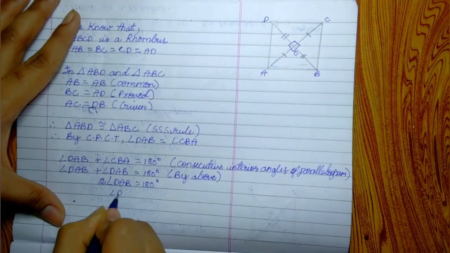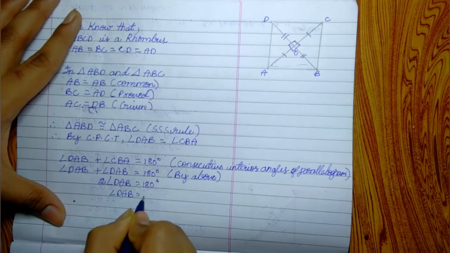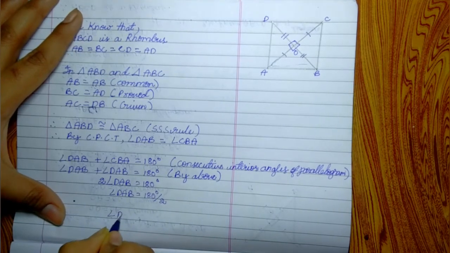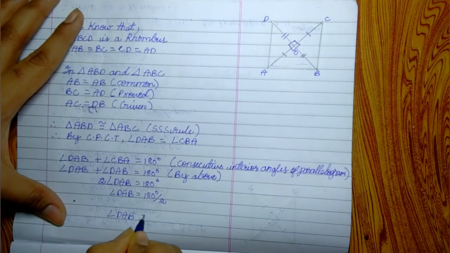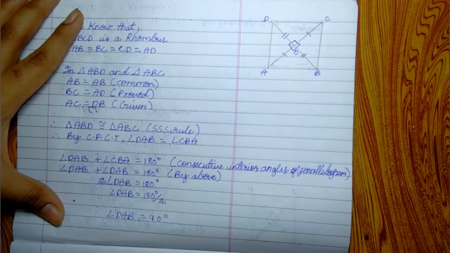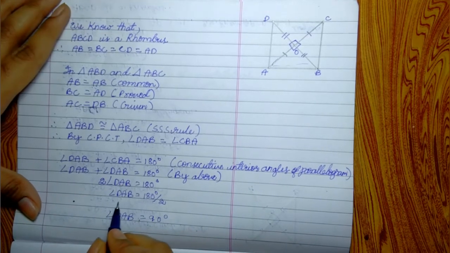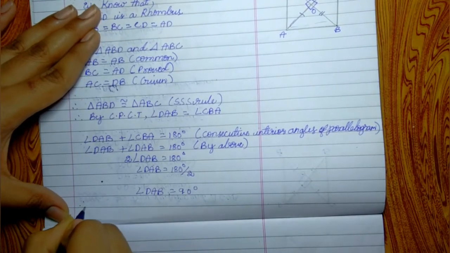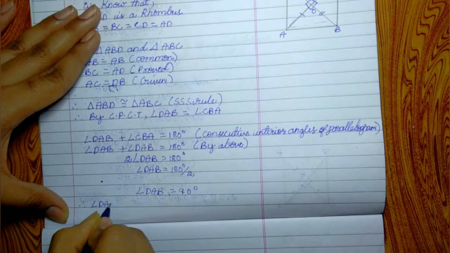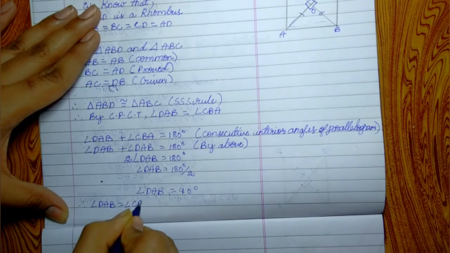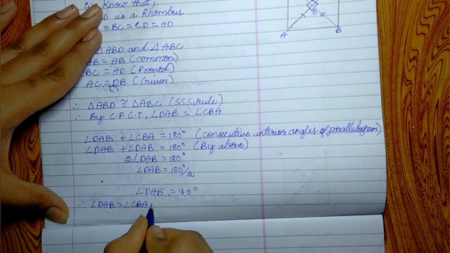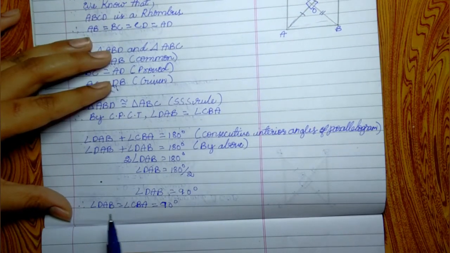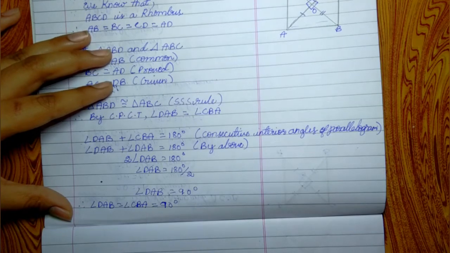So, angle DAB is equal to 180 degrees divided by 2. Therefore, angle DAB is equal to 90 degrees. Okay, friends, I hope you understood this one. So, angle DAB is equal to angle CBA, both are equal to 90 degrees. Angle DAB is also 90 degrees, angle CBA is also 90 degrees.